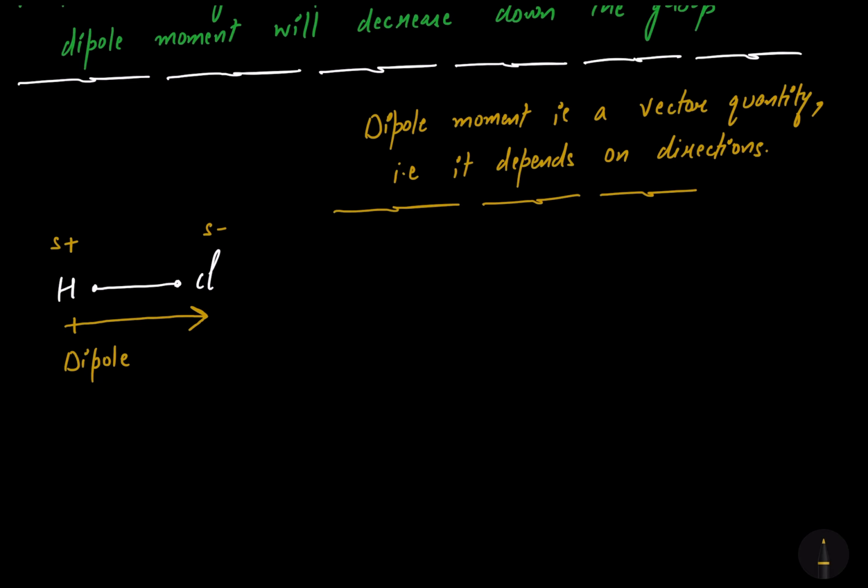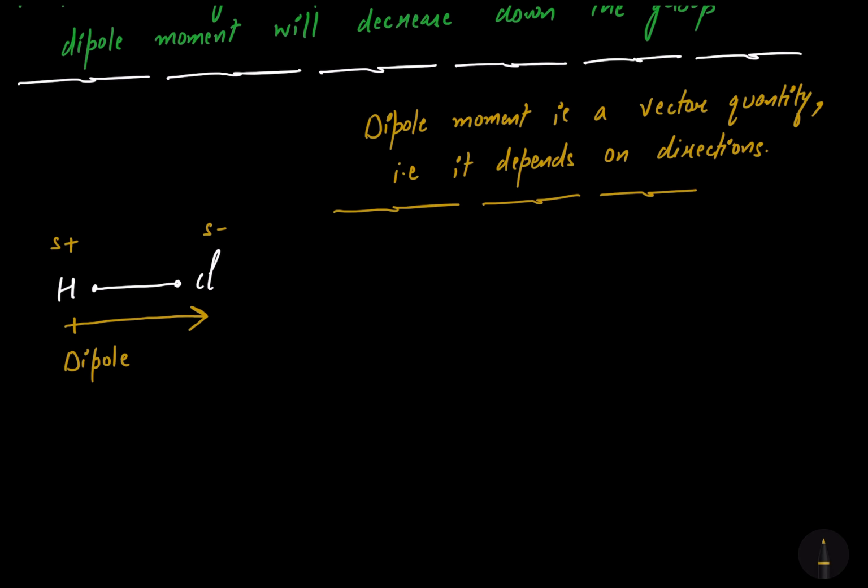So, why so? Because we have to take the resultant vector of all the dipoles or all the polar bonds in a molecule, which we will discuss in the next lecture. From the next lecture, we will be discussing about the triatomic, tetraatomic, pentatomic molecules and their resultant vectors to talk about the extent of polarity in the whole molecule.